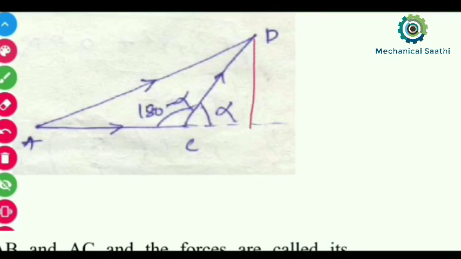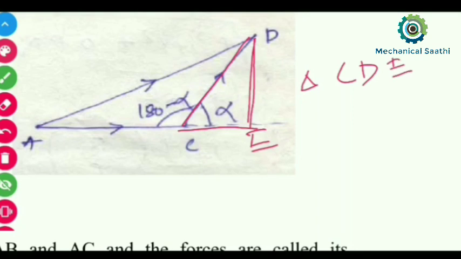Now let us consider triangle CDE. This value we know, that is P, and this is Q, and this value is R. We need to calculate the value of R. In triangle CDE we can see the value of sine alpha.